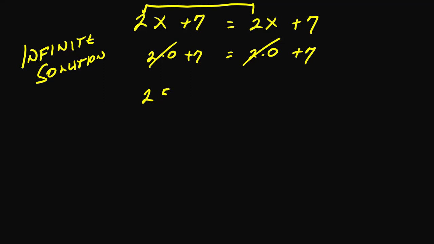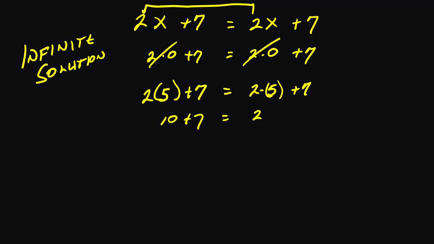Let's slow it down. 5, 2 times 5, add 7 equals 2 times 5, add 7. 2 times 5 is 10. I want 10. 10 plus 7, 17 equals 17.